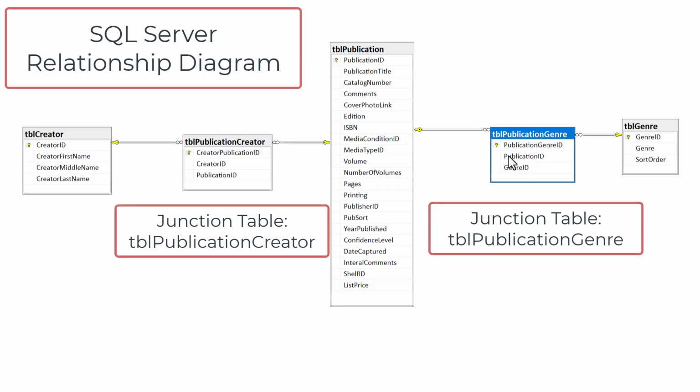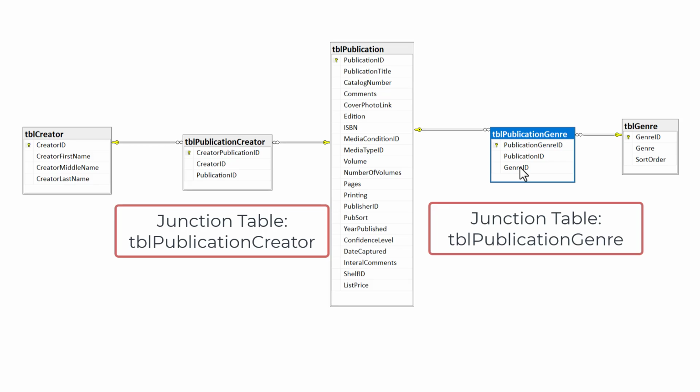Each publication can be combined with one or more genres, and each genre can be combined in a single record with one publication, multiple records for multiple publications. Primary key, foreign key. Primary key, foreign key. That's how this is intended to work.